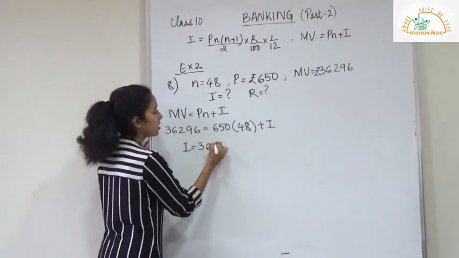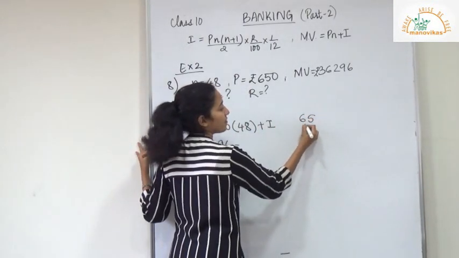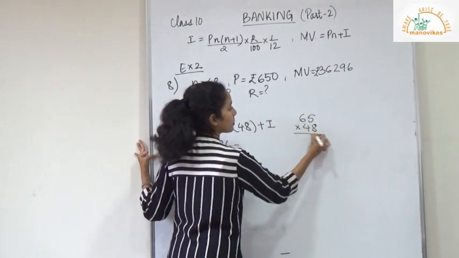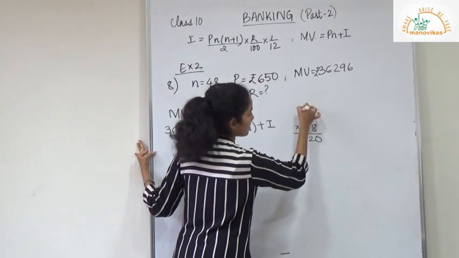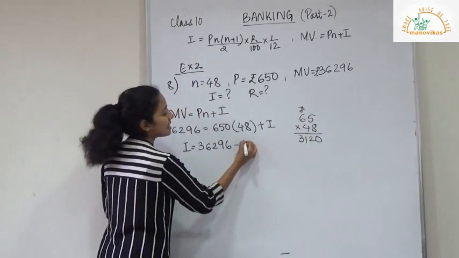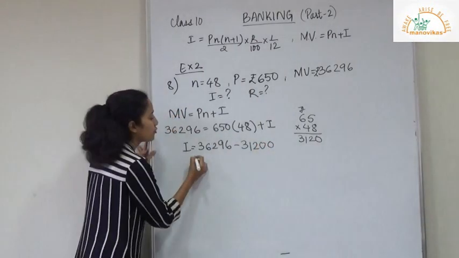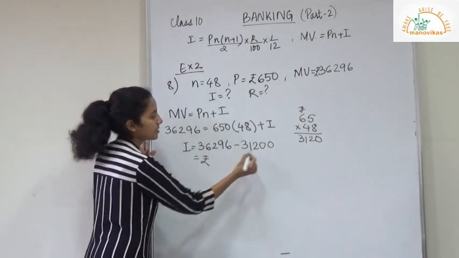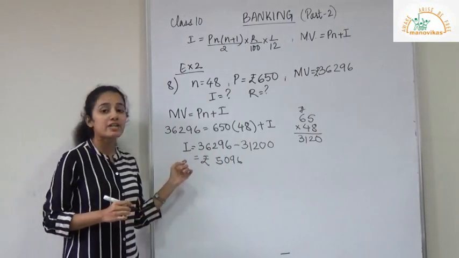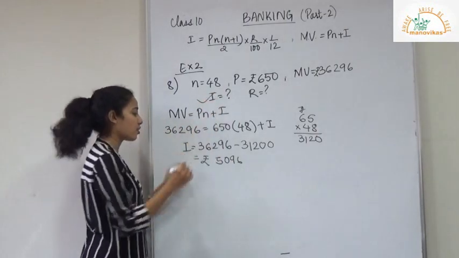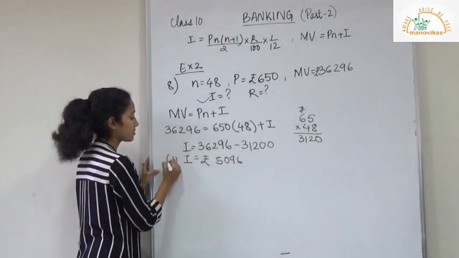So this is 36,296 minus, let's find the product of this, 65 into 48, which will be 3120, and this 0 will come here. So when you subtract, I get rupees 5096. So therefore the interest, that is the first part of the problem, is 5,096 rupees. So this is the first part.